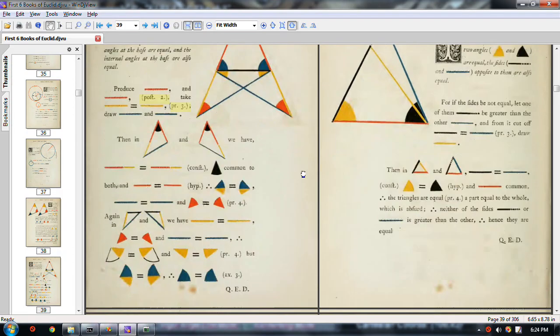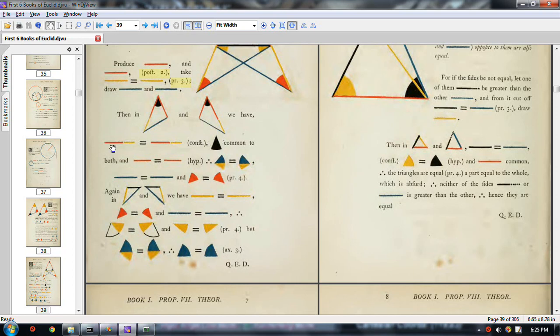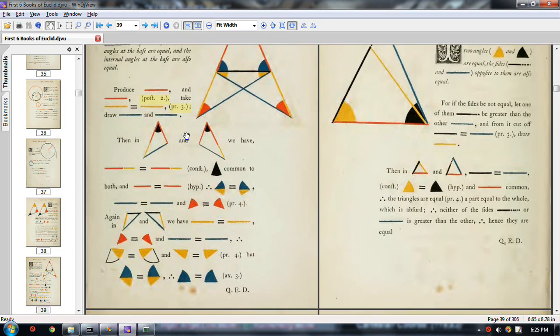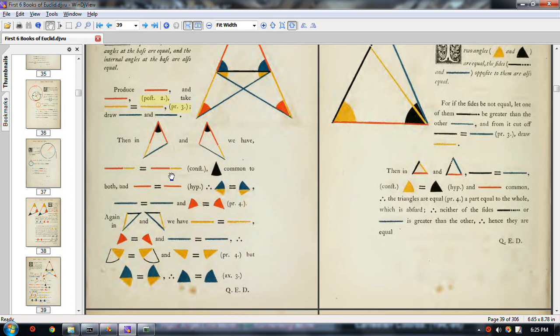All right. Now, by hypothesis, this red is equal to this red, and these two are also equal. But in particular, the yellow was constructed to be the same length on both sides. So this length and this length are the same. And so that's by construction.